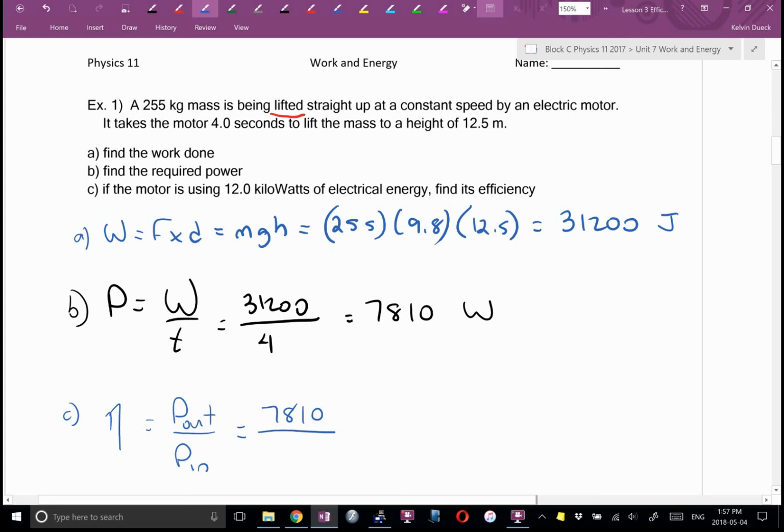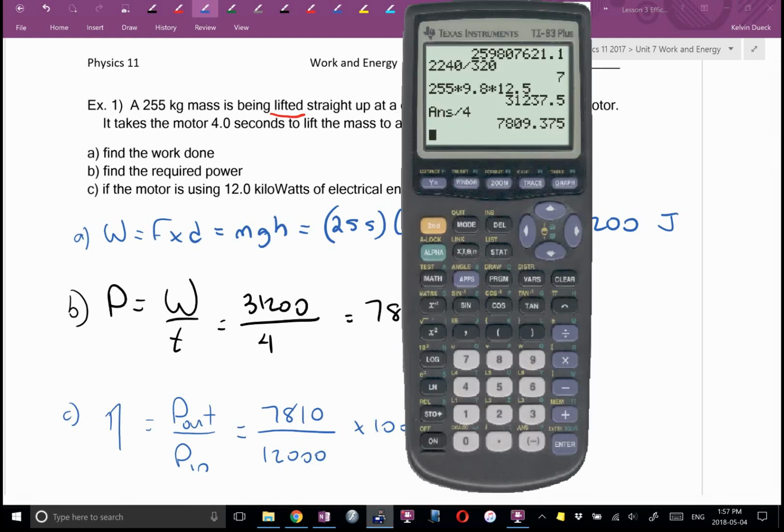And then 12 kilowatts. What's 1 kilowatt? 1,000. So 12 kilowatts is 12,000 watts. And then if you want to make it a percentage, because this will give you a decimal, this number divided by 12,000.